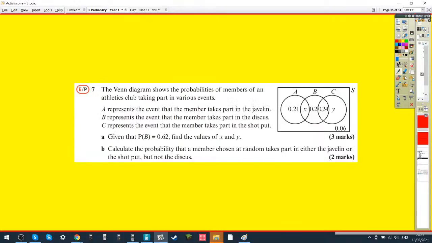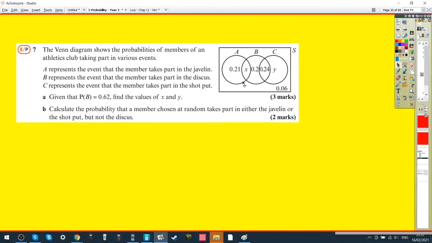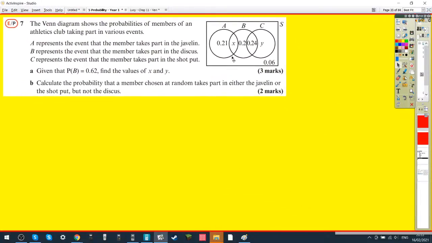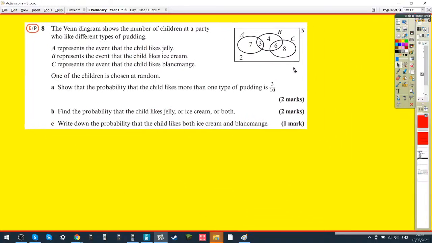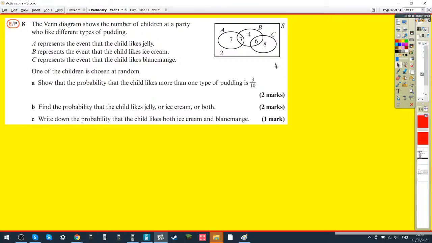Let me see this one. Given that the probability of B, this is an easier type of question, I think. This one, let's see this one. The child likes more than one type of pudding.